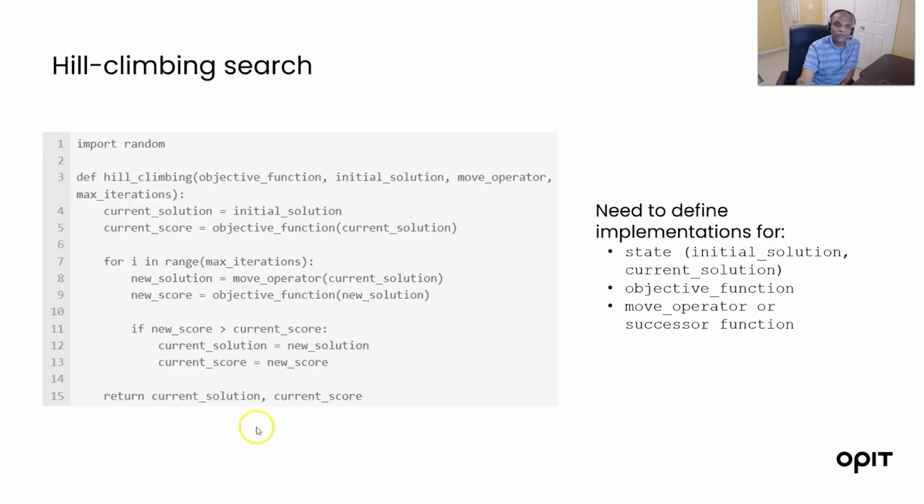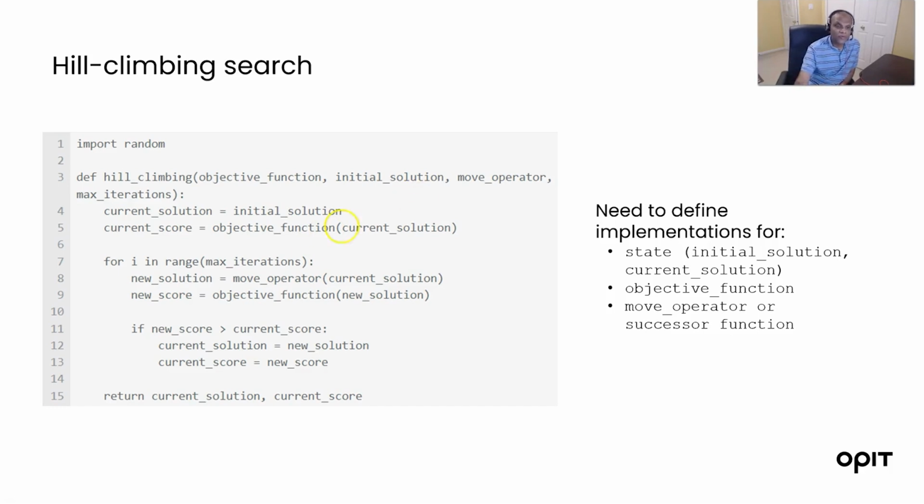This is the Python code for doing the same thing. It follows the same logic as we saw on the last slide. In order to fill up this algorithm, you still need to do the basic things. That is, you need to define what your state representation looks like. You need to define the implementation or body of the objective function, which will take the current node and return a numerical value, however you have defined the objective function.